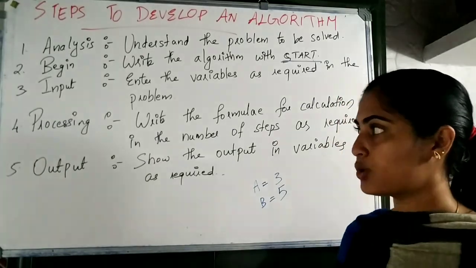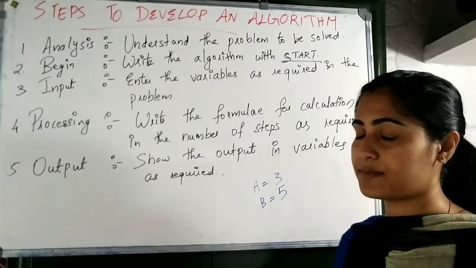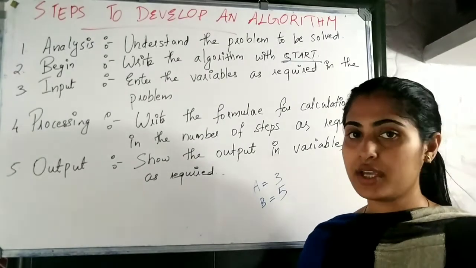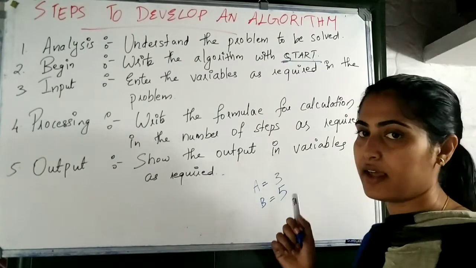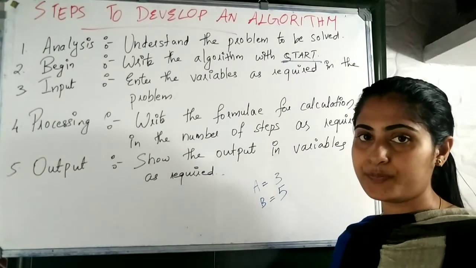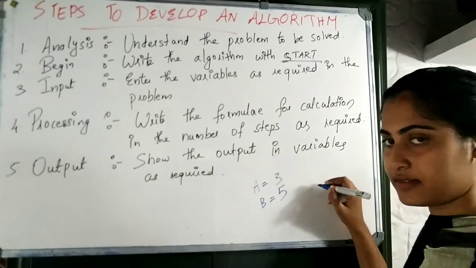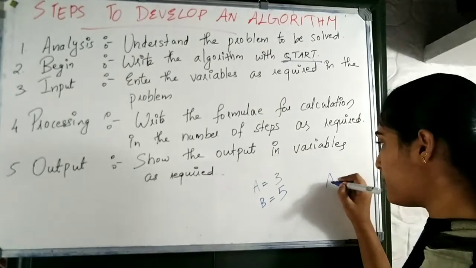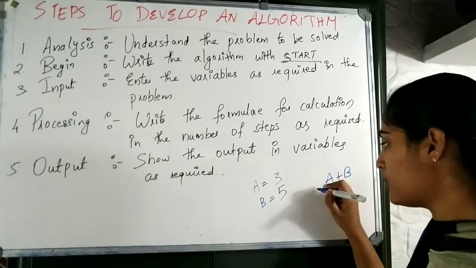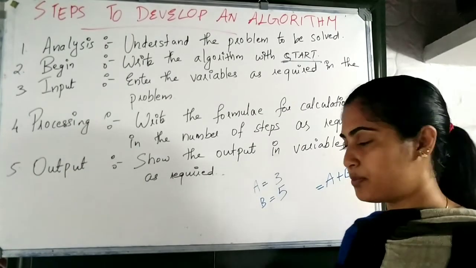And the fourth one is processing. Write the formula for the calculation in the number of steps as required. So here my problem is I want to add my two numbers, that is 3 and 5. For processing this, I will be writing the next step, that is A plus B. That is, first I am giving input to the computer.